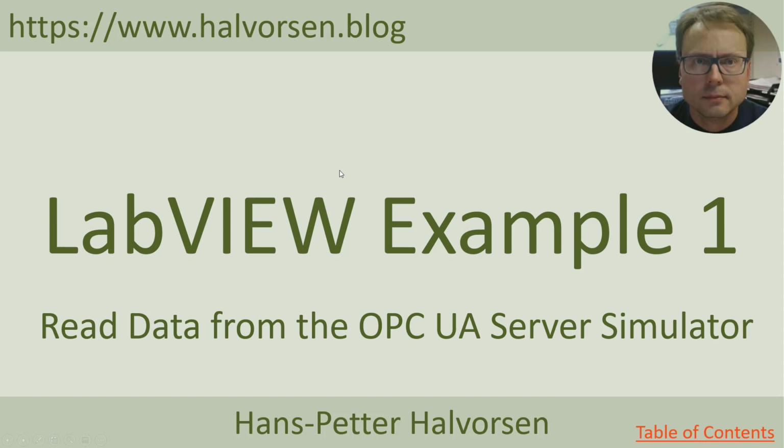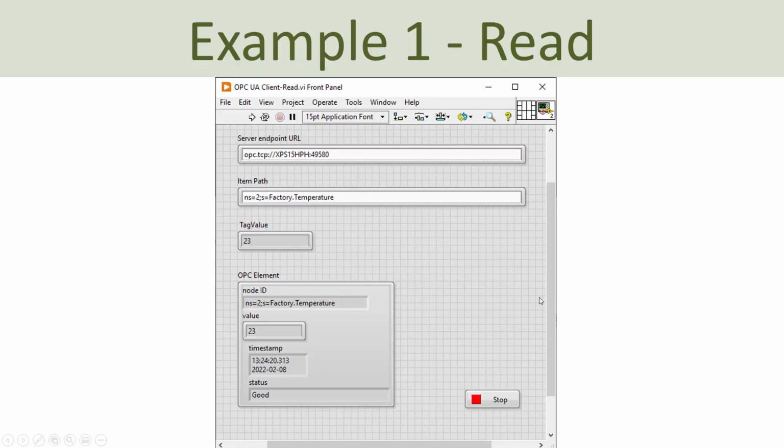So example number one. In this example we will read data from this OPC UA Server Simulator. I have created an OPC UA client within this LabVIEW OPC UA toolkit, and this client reads values from a given server.